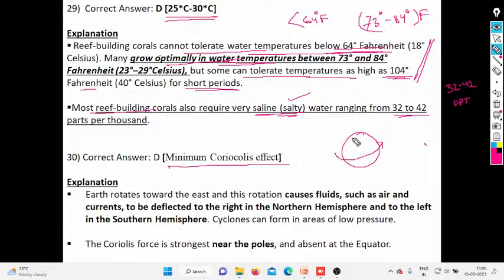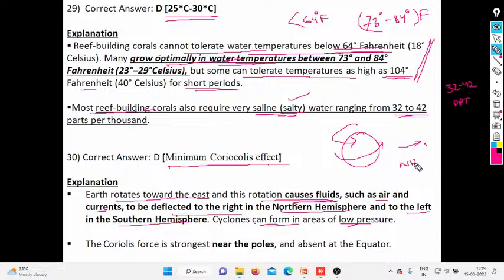Earth rotates towards the east and this rotation causes fluids such as air and currents to be deflected to the right in the northern hemisphere and to the left in the southern hemisphere. Cyclones can form in areas of low pressure.